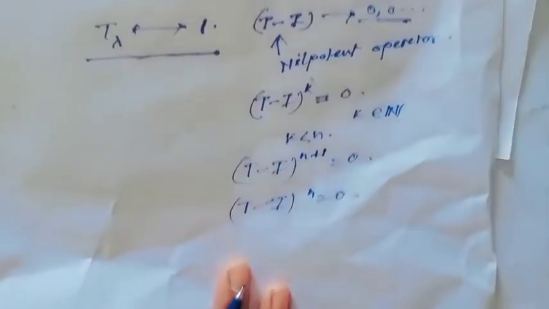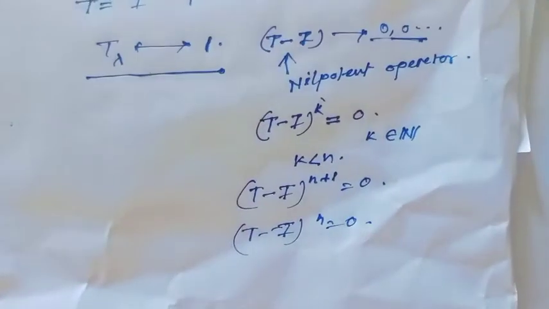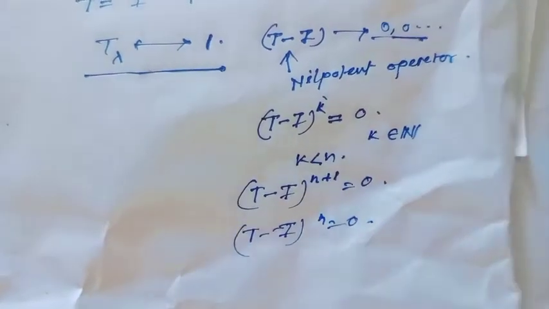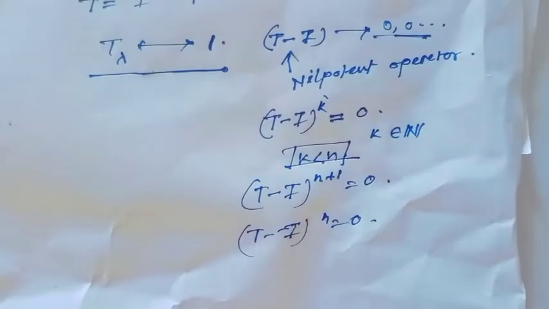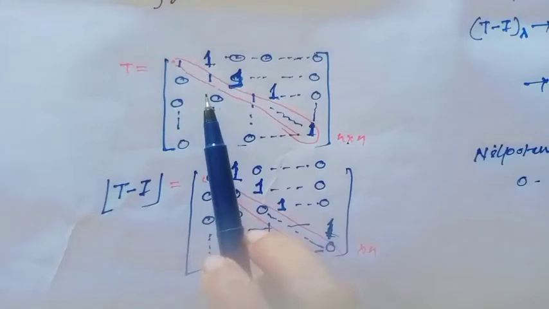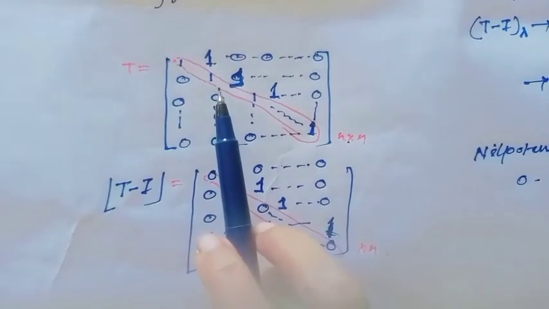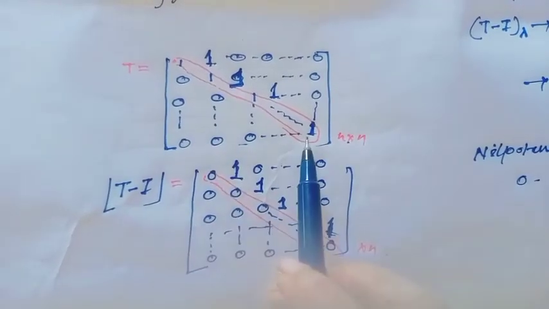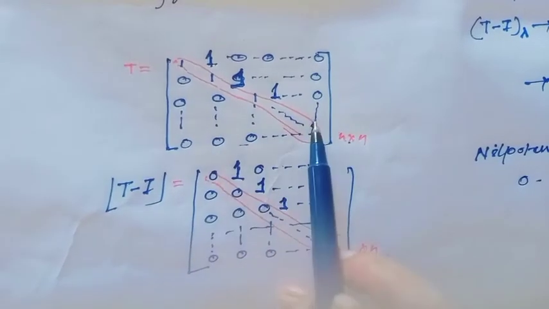But we can consider a different type of k. Here k is the index. Consider a linear transformation of such type, where all diagonal entries are 1 and the off diagonal entries are 1.